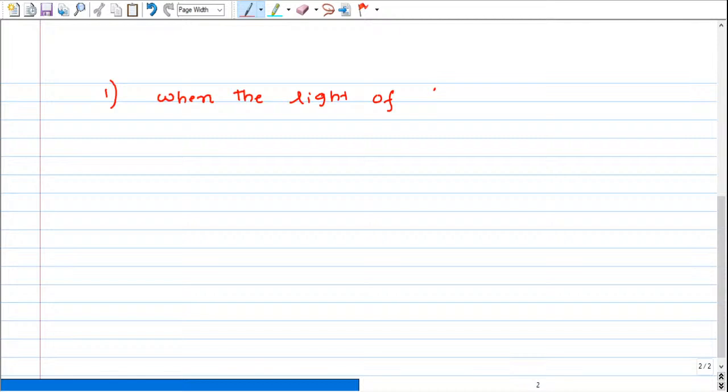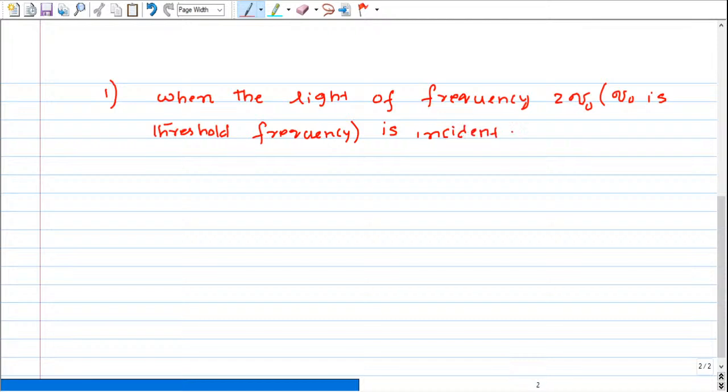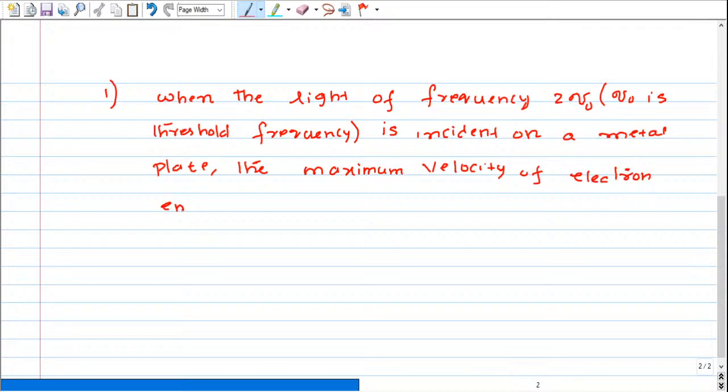When the light of frequency 2 mu naught, where mu naught is threshold frequency, is incident on a metal plate, the maximum velocity of electron emitted is V1.